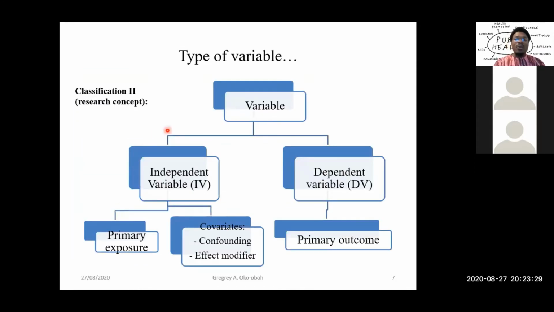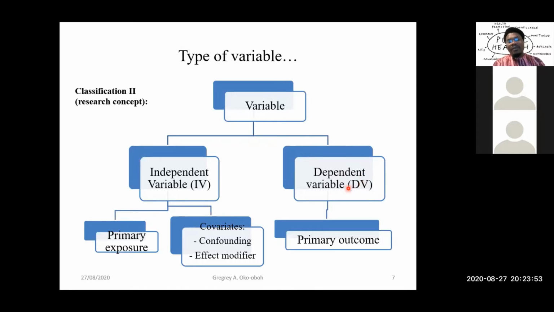But there's another way we can classify variables, and this is based on how a variable is used in a research process, how the variable is defined in a research. And a variable can either be an independent variable, popularly referred to as IV, or a dependent variable, DV.